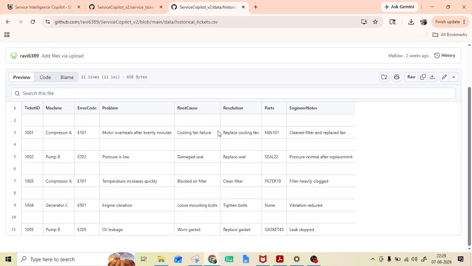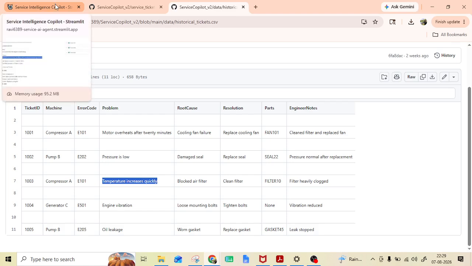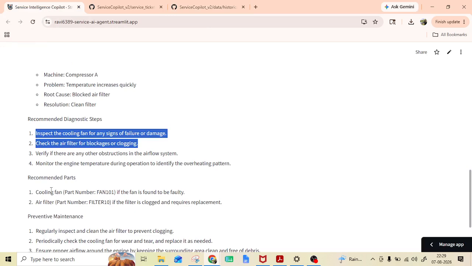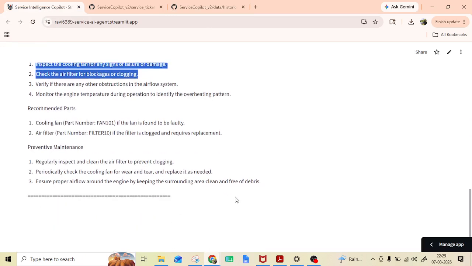Ticket ID 1001: machine overheats after 20 minutes and temperature increases quickly. You see 1001 and 1003. So it finds out that these have quite a high resemblance to the ticket which has been raised right now, and what the different diagnostic steps are, what the recommended parts are, and so on.